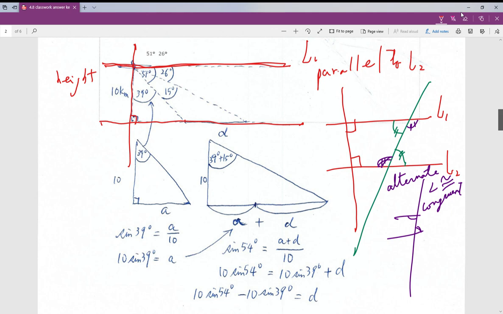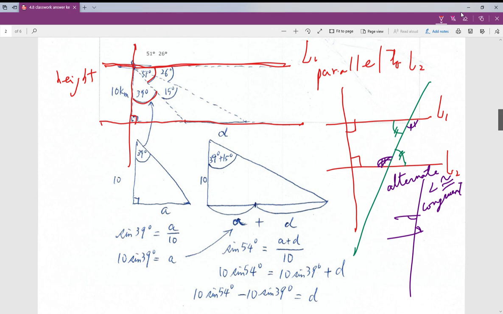If these two lines are parallel and you have a line across, then this angle needs to equal this angle. What? Then it is 51 degrees.